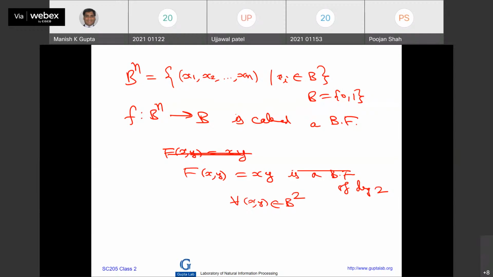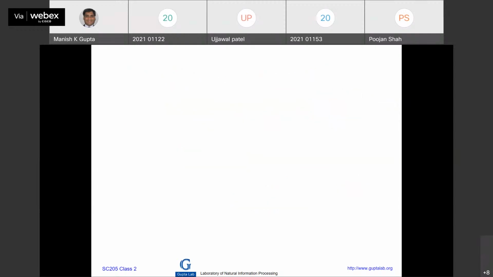That is interesting. Let me do some calculations. If the Boolean function is given as f(x, y, z) = xy + z bar. Z bar means complement, right?